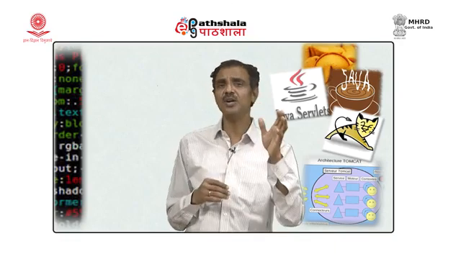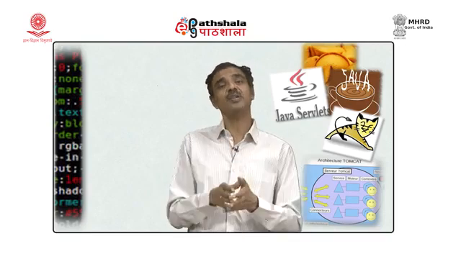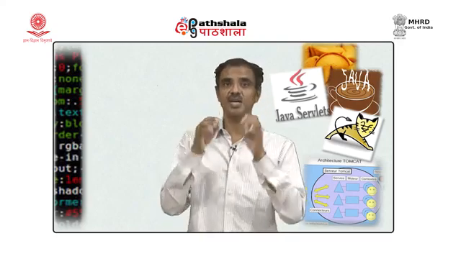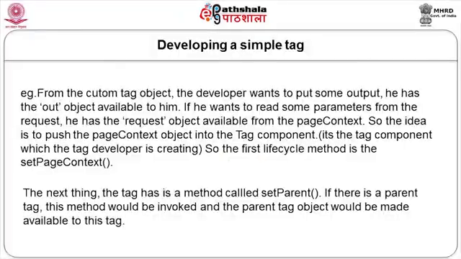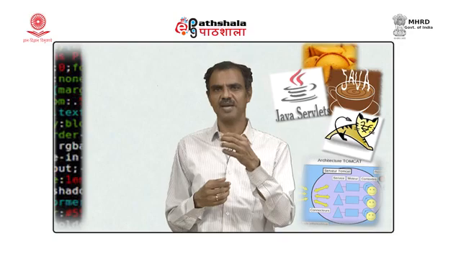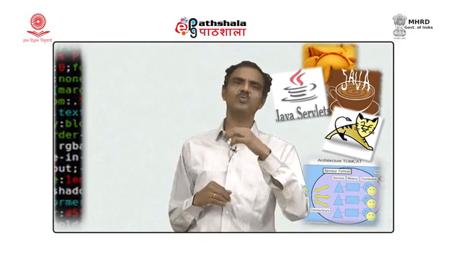Recollect, page context is the object which contains all the other implicit objects. The idea here is for all implicit objects to be made available to the tag object. So, within the tag, the tag developer now gets hold of the current implicit objects. For example, from this custom tag, the tag developer wants to put some output.